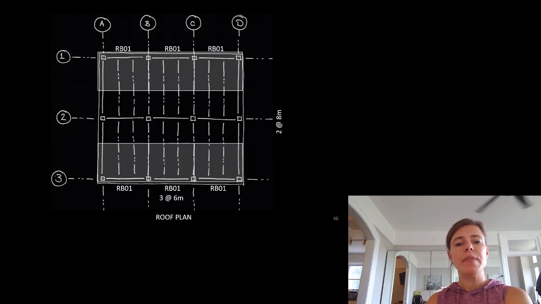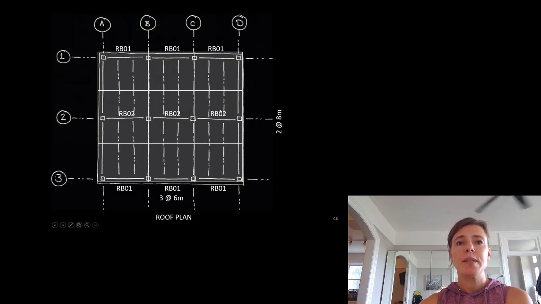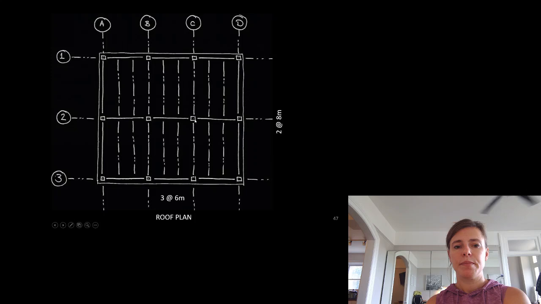It looks like all of these beams are doing the exact same job. Thought I had these all color-coded. RB02, all 3 of these are doing the exact same job. They're picking up half of the joists on this side and half of the joists on this side, and they are 6 meters long.